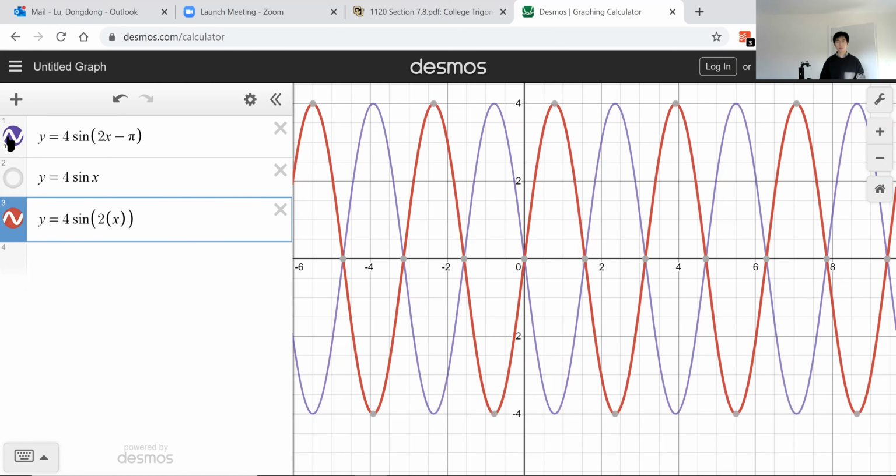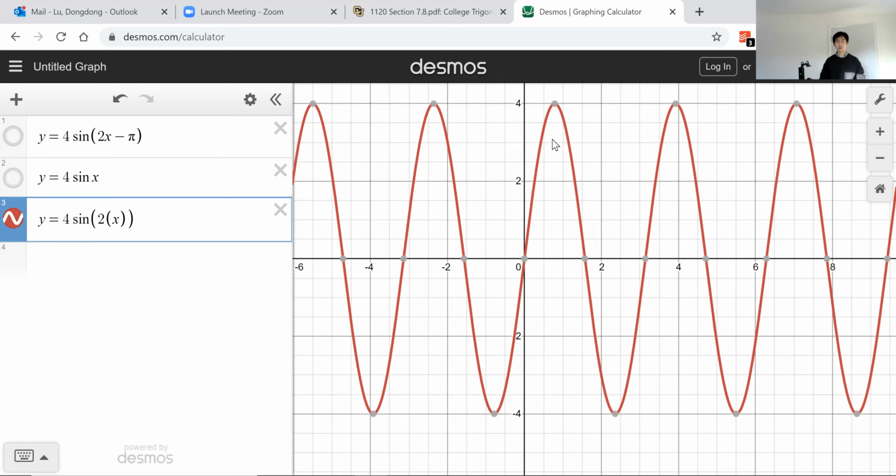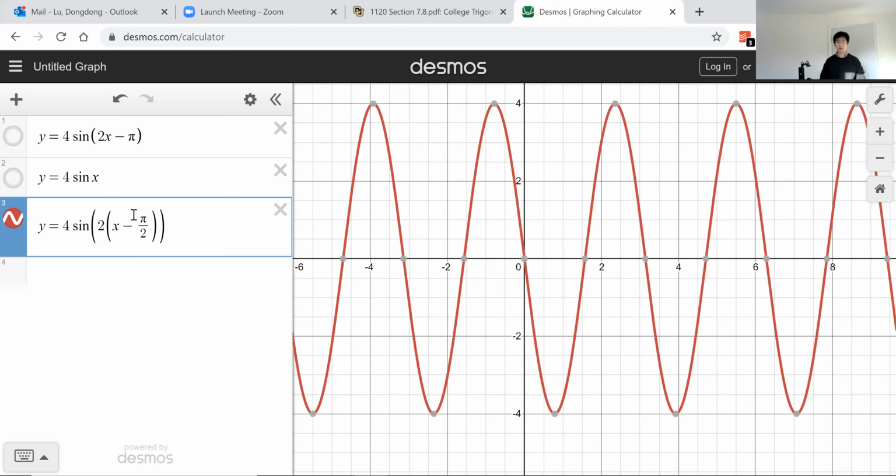The function looks like this red line, if we do not subtract that pi over 2. If we subtract that pi over 2, let's see how things change. Pay attention to where the origin is, to where this peak is. Pay attention. The magic is performing. Oh, what happened? Where is our origin?